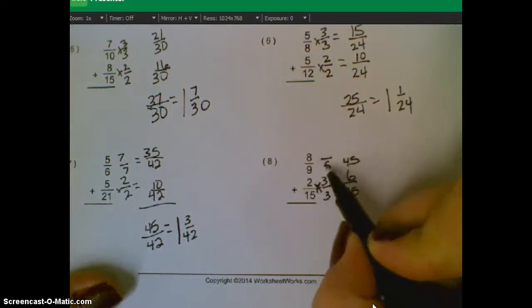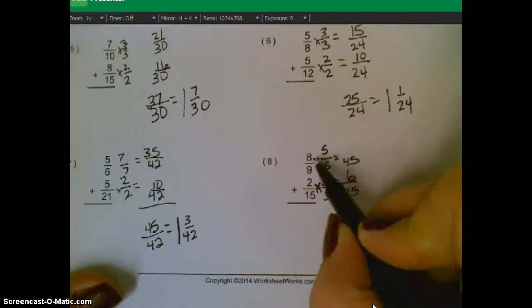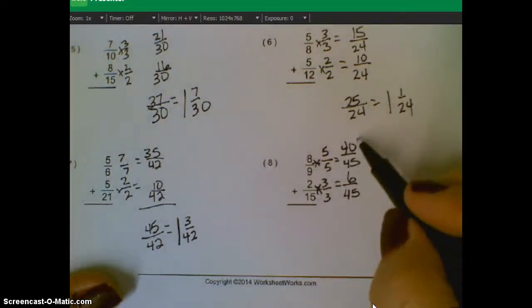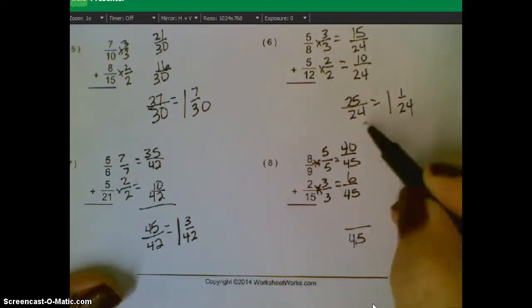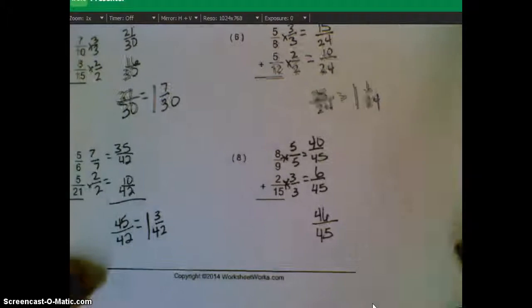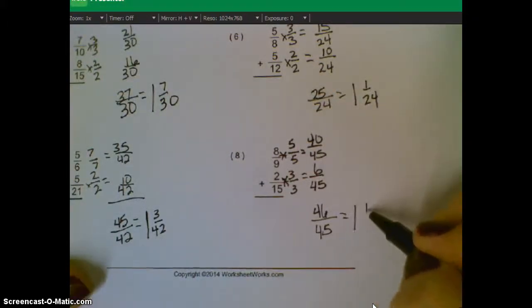So if I do that for the denominator, I need to do the same for the numerator. 8 times 5 is 40. So when I add up my numerators, I keep the denominator 45, and my numerators would be 46. When I reduce it, I can take out 45 45ths to get 1 whole, and then I get 1 left. 1 and 1/45. That's it.